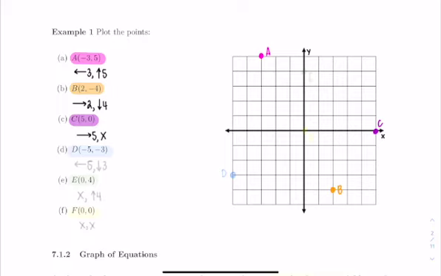Let's go ahead and look at D, which is (-5, -3). So we are going to move to the left 5 units, and then we're going to move down 3 units.